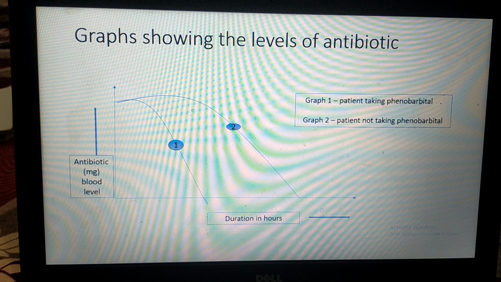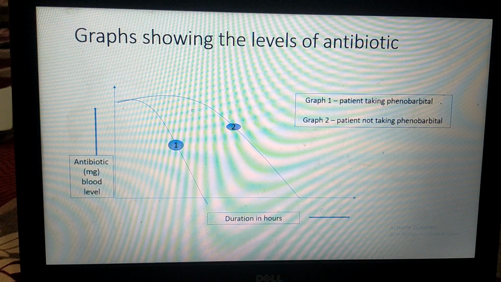So graph 1 is a patient who is taking phenobarbital, and graph 2 is a patient who is not taking phenobarbital. That means if a patient is taking phenobarbital, his blood level becomes lower earlier as compared to a normal person. Therefore, you have to adjust the dose of a person who is taking phenobarbital, for all drugs.